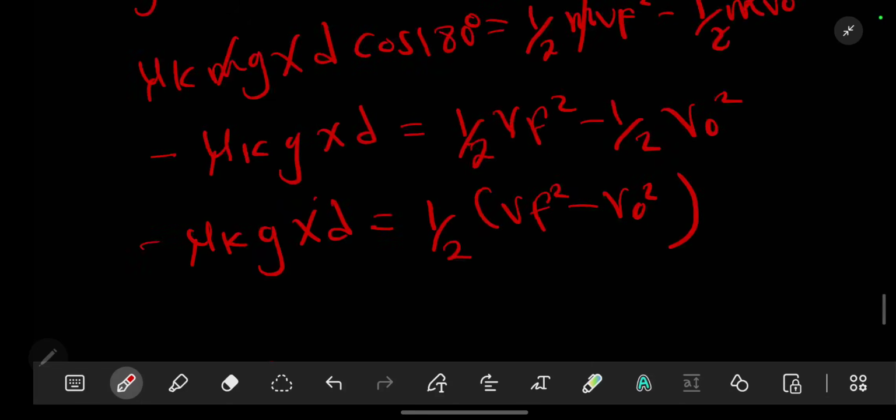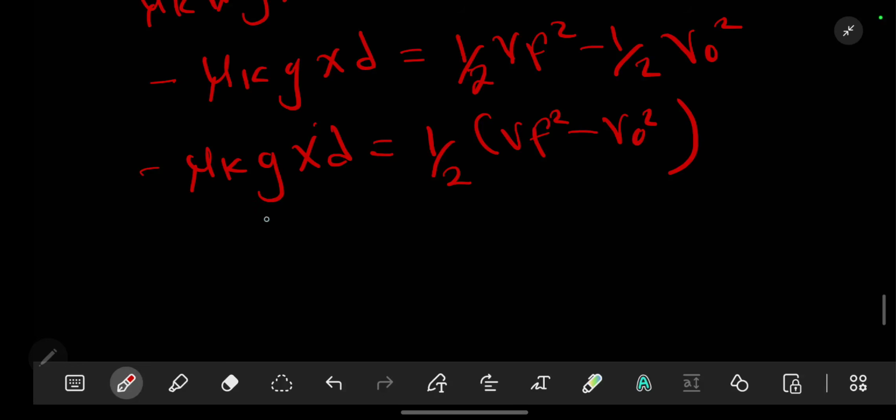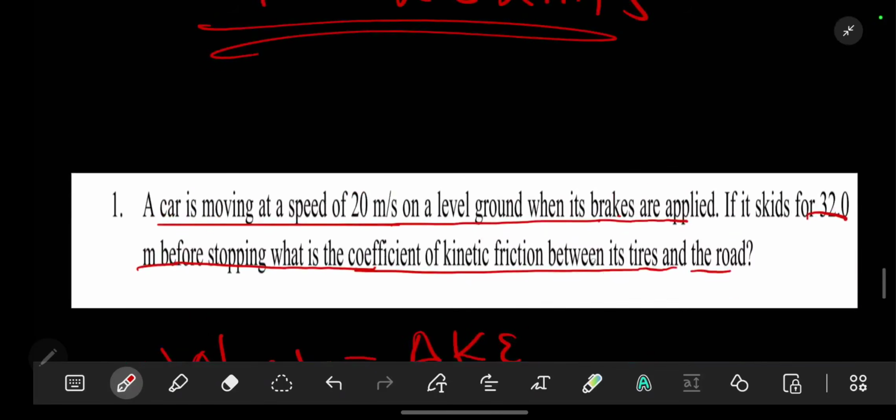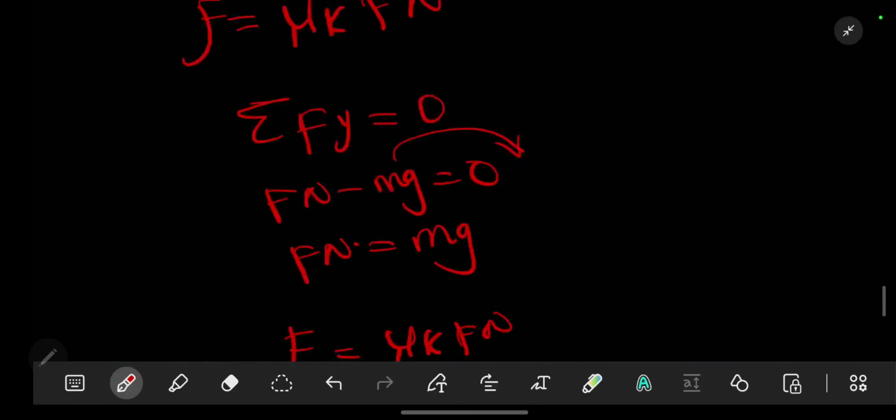Then just replace. We have negative mu k times the gravity, 9.8, times the distance. It skied for 32 meters before stopping, so we have 32 meters.